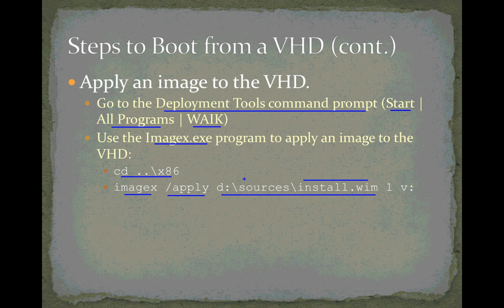It's in the sources directory, and we'll also give it this argument 1 here, which means we want to install volume number 1 in that image file. You can actually have multiple volumes in there. And then V is the destination disk, which is going to receive that image.